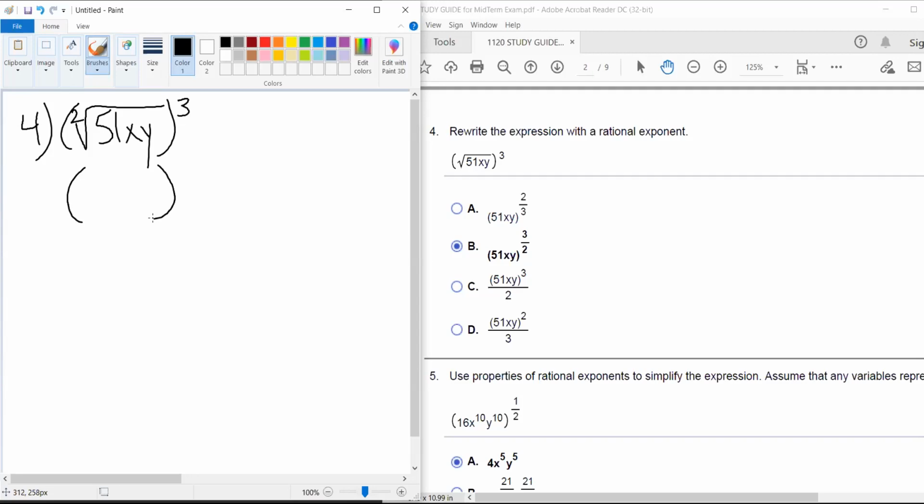So to rewrite this using a rational exponent or a fractional exponent, we bring down the 51xy. And to create your fraction exponent, you just simply put your given exponent over your given root. So just like that, B is our final answer.